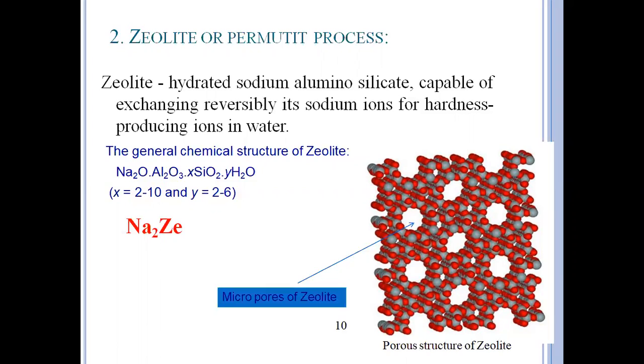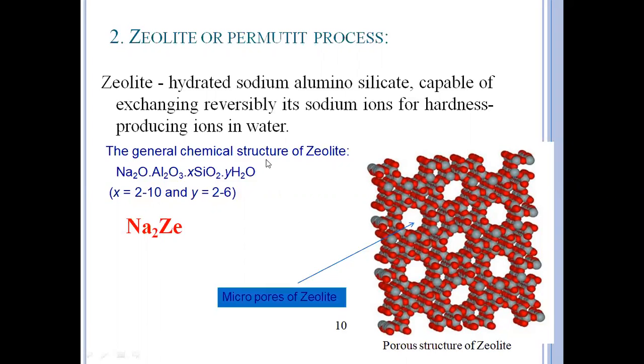So these calcium and magnesium ions are exchanged reversibly by the sodium ions present in the zeolite. This is the structure of zeolite. It has micropores and sodium ions, which are exchanged reversibly for hardness producing ions in the water.